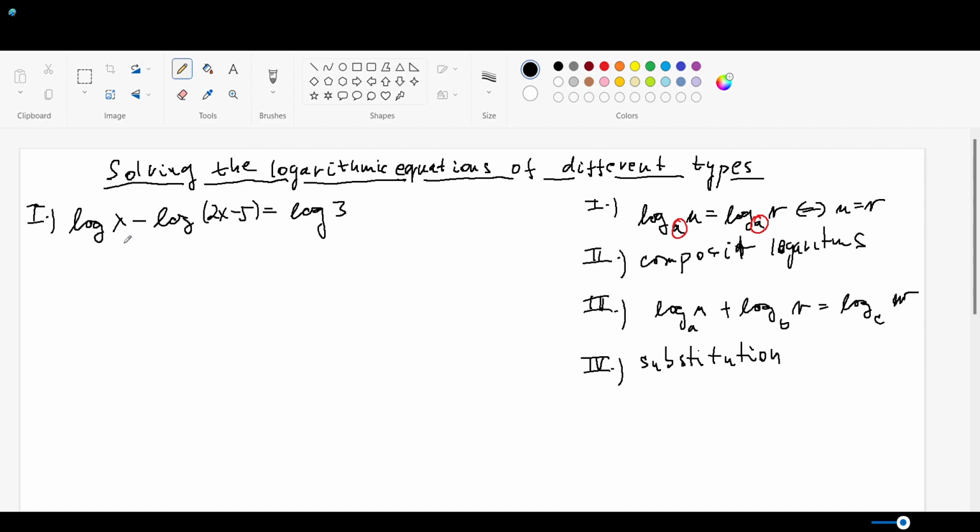The first thing I want to notice here is that you will not find any base written here, because as we already know, these logarithms are called common logarithms, which indicates that the base of all of these 3 logarithms is the number 10.